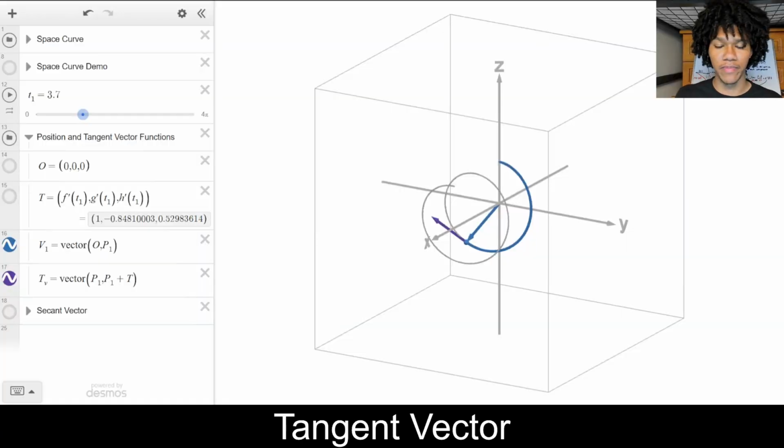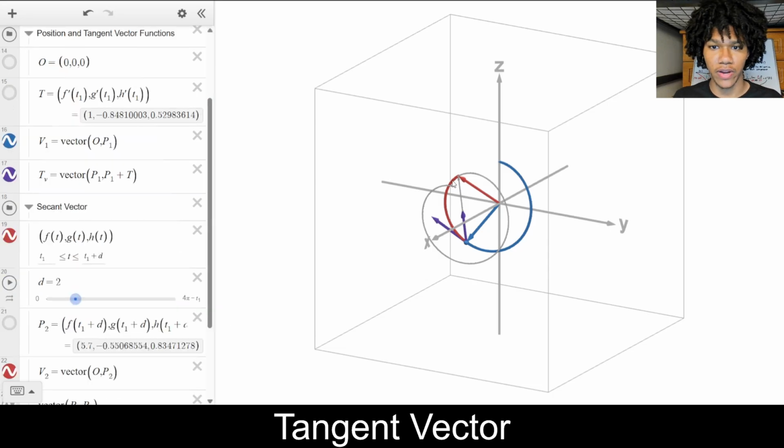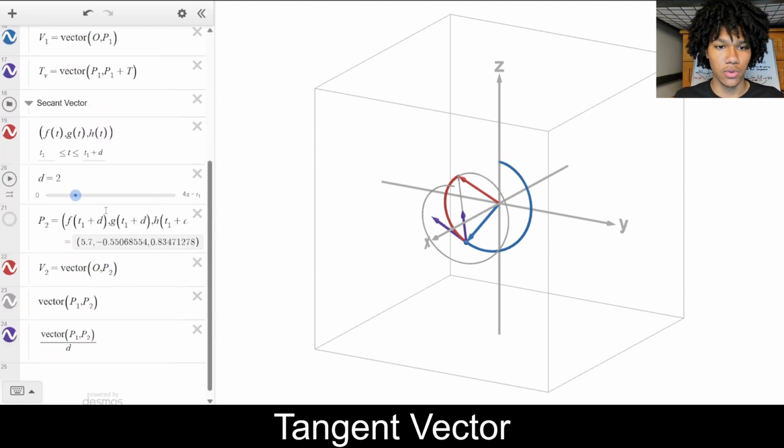Moving back to Desmos, I'm going to include the secant vector to help better elucidate what's actually going on. Imagine our red vector is our second point, or the point we have after we've moved a change in time, our delta t. Let d equal our delta t, and just notice how as d approaches 0, our second point becomes the initial point. Our purple vector along this gray line, don't worry about why it's not the full length.